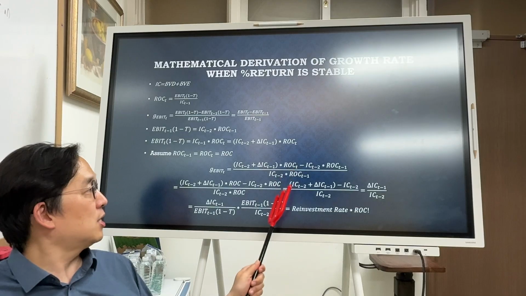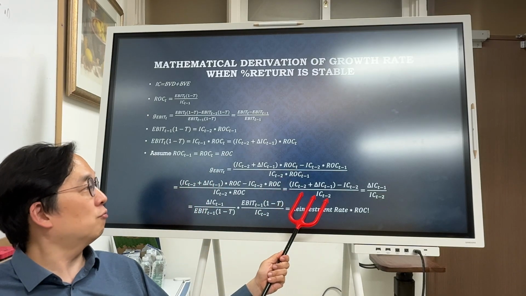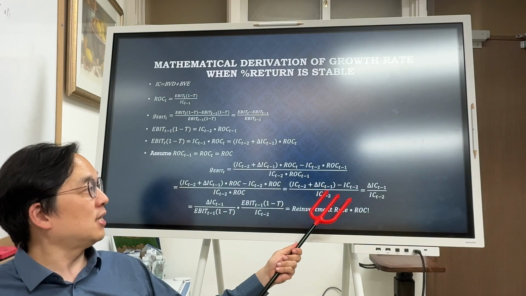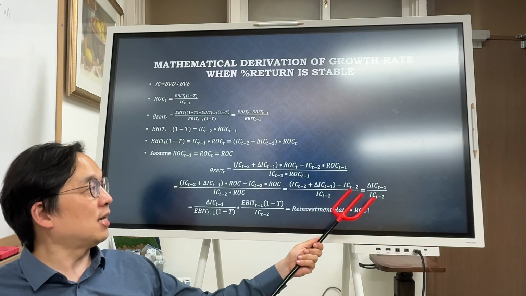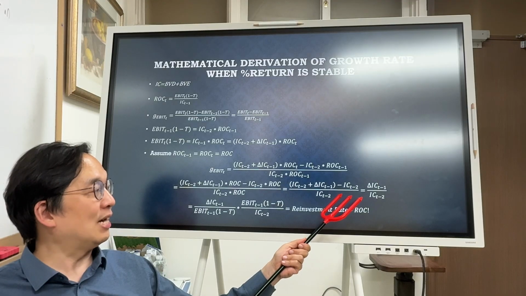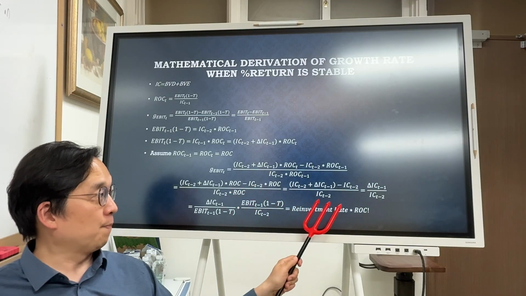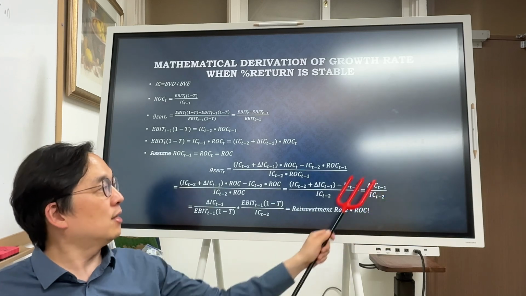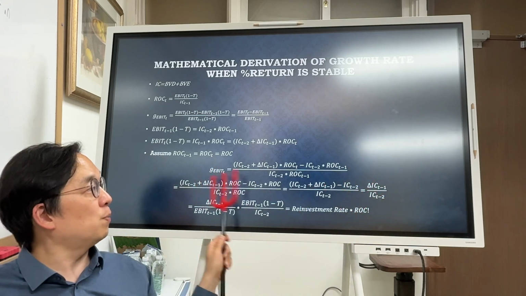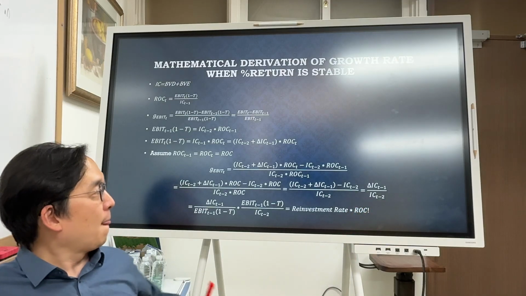So they cancel each other out, and then we will end up with IC T-2 plus change in IC T-1 minus IC T-2, and then these two will cancel each other out, and the denominator will be just IC T-2. So in the end, the growth rate of EBIT should be change in IC over IC, okay?